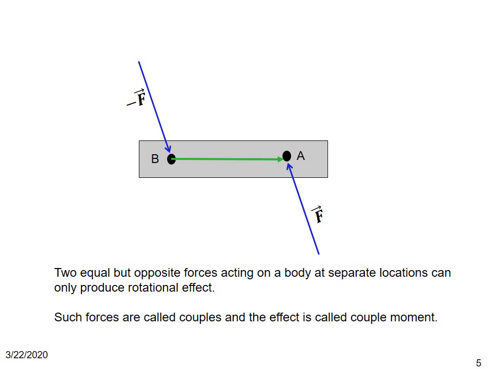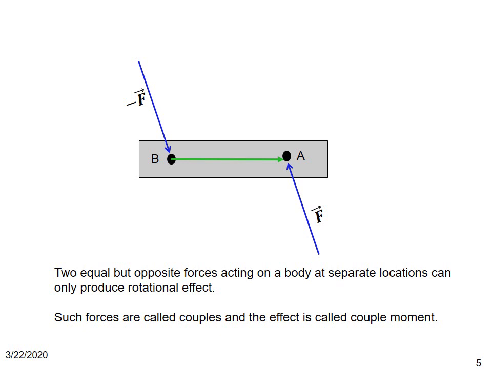We call this rotating effect of two equal forces separated by a distance a couple moment. I repeat, the rotational effect of two equal and opposite forces acting on a rigid body at two different locations creates a rotating effect, and that rotating effect is called couple moment.